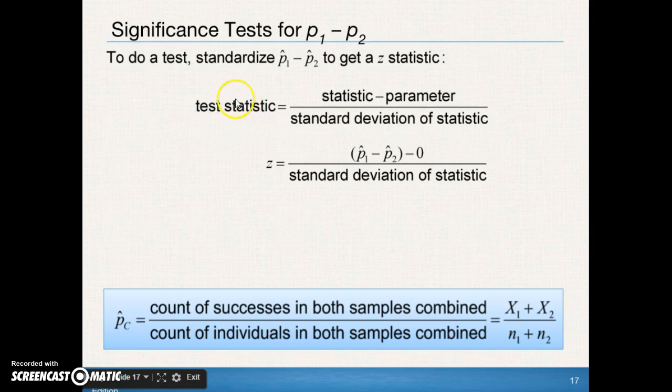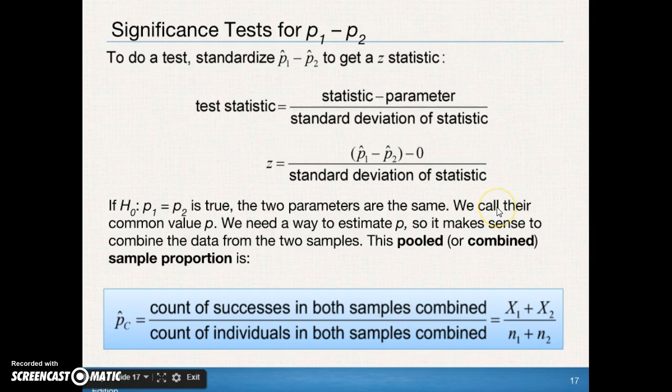The test is exactly the same as we've seen it before. You're going to calculate for proportions a z. You're going to have your statistic, which is the information from our data collected. Our parameter is again our null, and because we think there is no difference in our null, that will always be 0, and then the standard deviation of the statistic. That's going to bring up something that we'll talk about below here, where it talks about a pooled or combined.